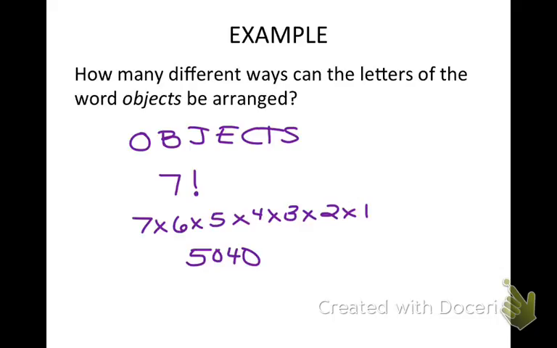Bonus points for Friday. Come in with a piece of paper with all those arrangements. With what? With what number? I think I'll pass. 5,040 different arrangements of the letters in objects. Are you kidding me? I'm not expecting you guys to do that. No, I'll do that.